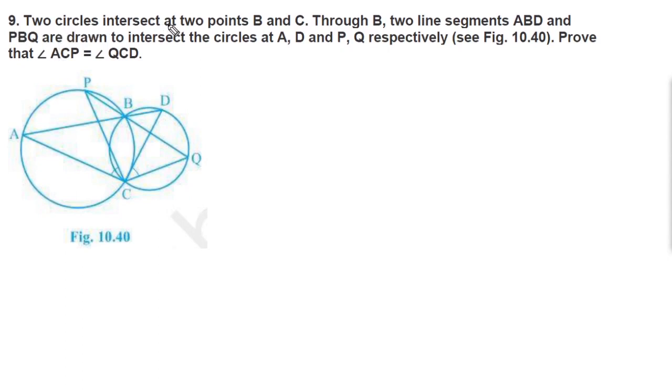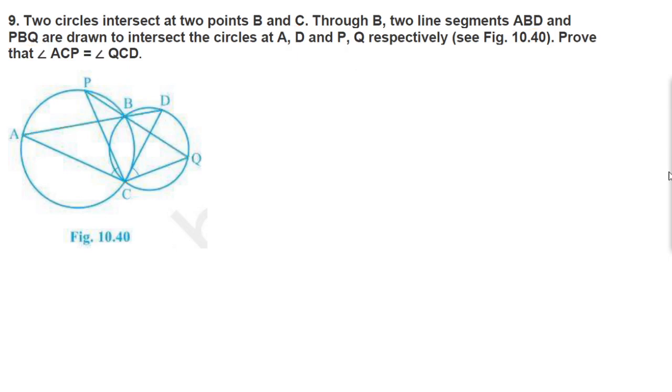Two circles intersect at two points B and C. So you can see two circles intersecting at two points, one point is B, another point is C. Through B, two line segments ABD and PBQ are drawn to intersect these circles at points A, D and P, Q respectively.